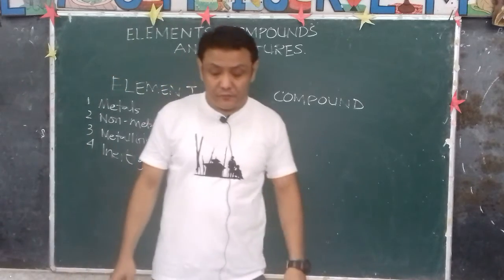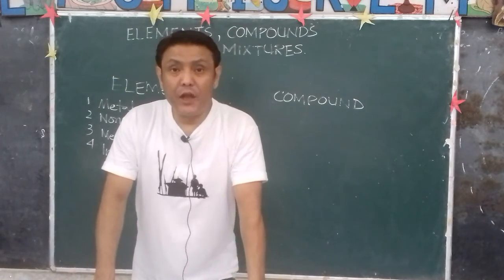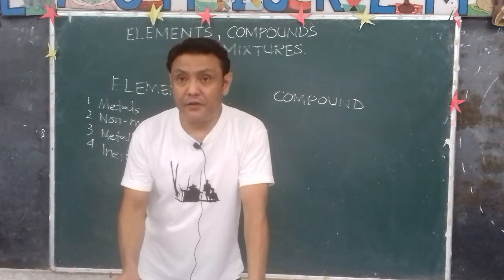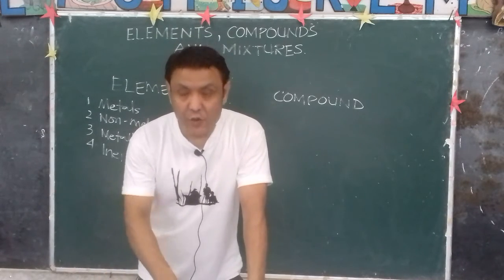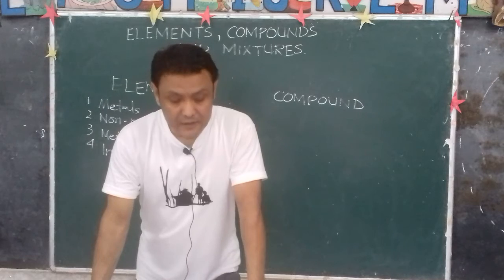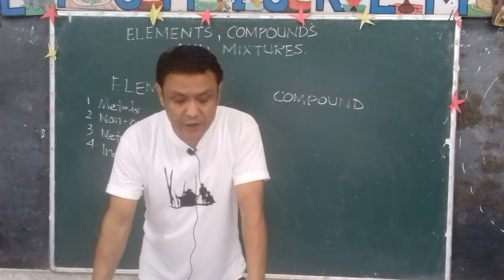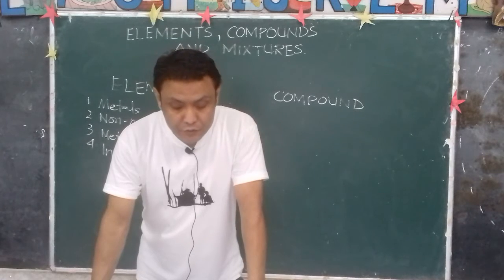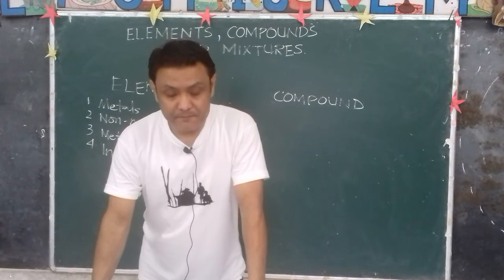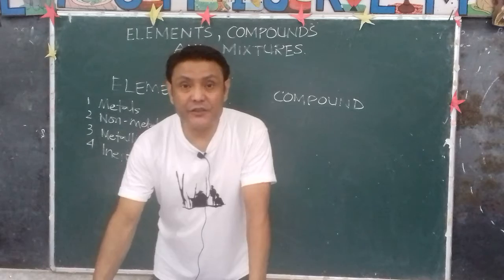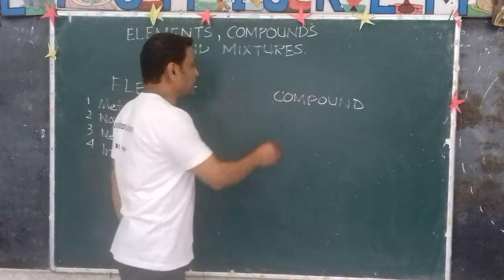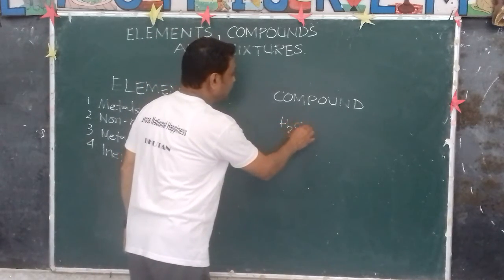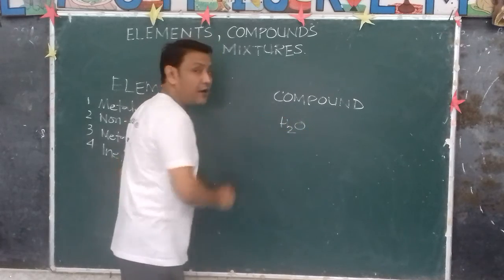Now, when we talk about compounds, we have to know about their characteristic properties. So we will directly go to the characteristic properties of the compounds. Number 1, compound is made up of two or more elements. For example, water, H2O. Water is made up of two elements: hydrogen and oxygen.